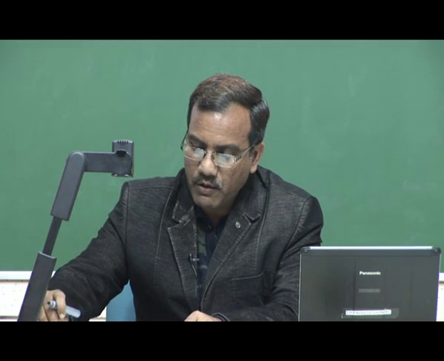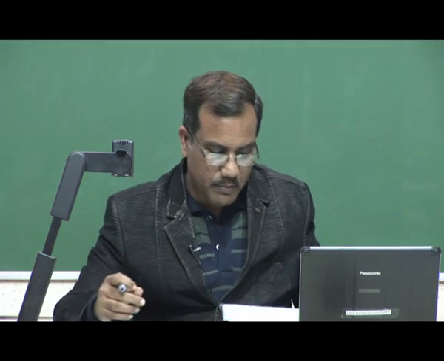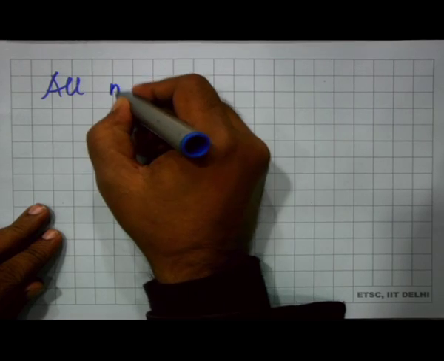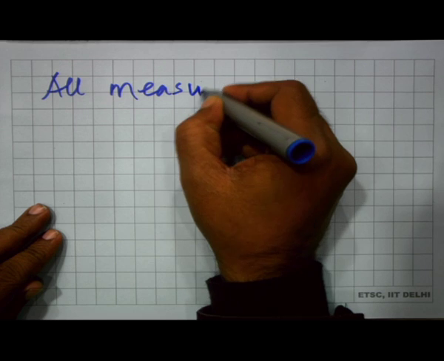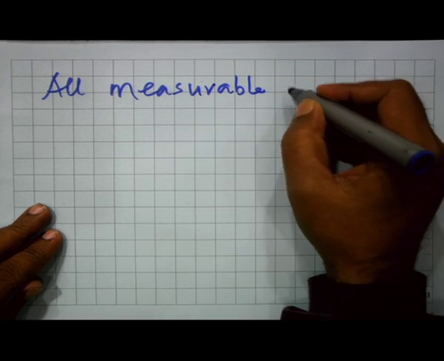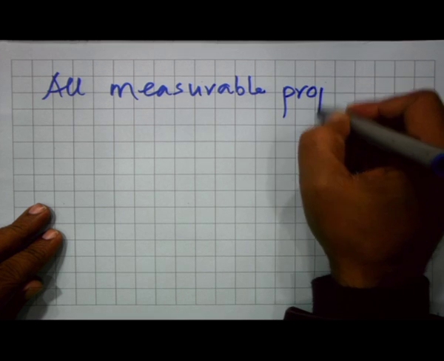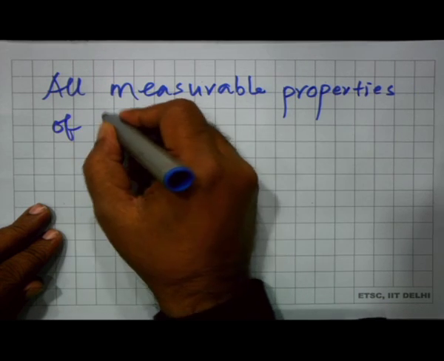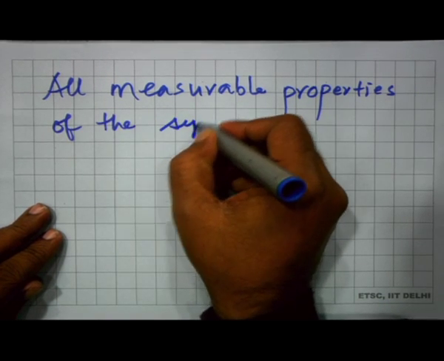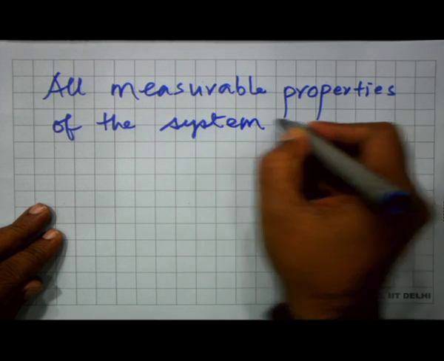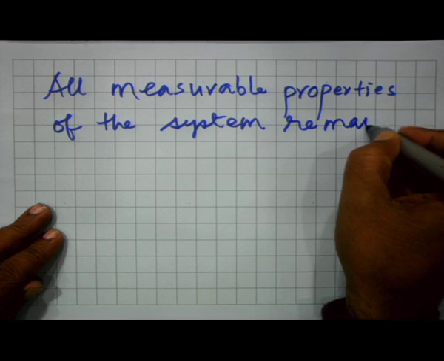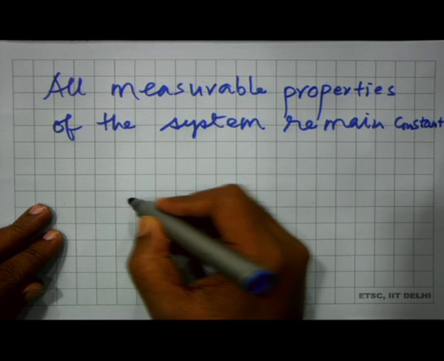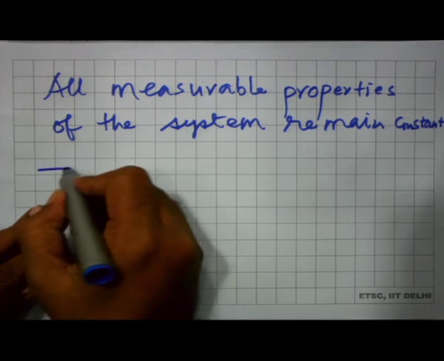So, what is the importance of equilibrium? In equilibrium all measurable properties of the system remain constant. And what is the balancing force here?